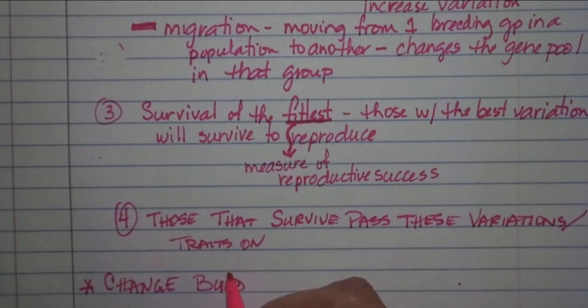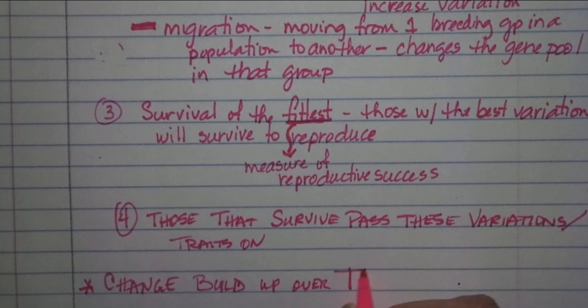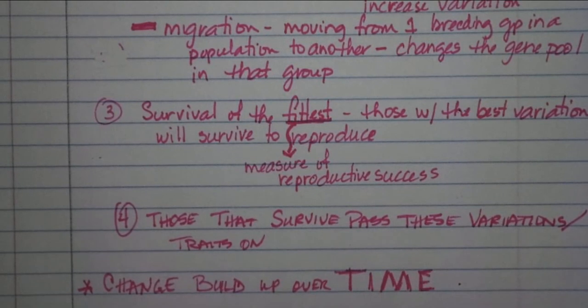If these changes build up over time, that would be plural, then a new species can be produced. Or they can evolve, right? That's how evolution occurs. That's how natural selection is used in that evolutionary process.